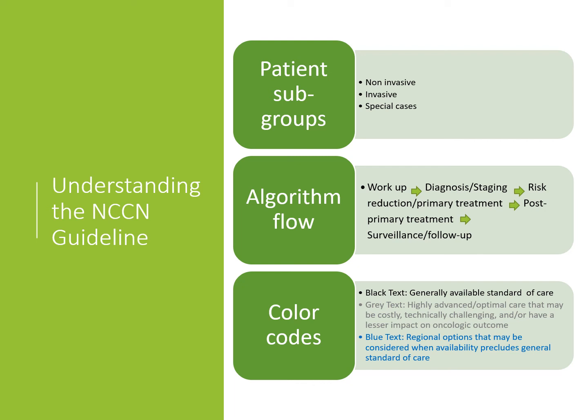The gray text informs us that the intervention is either of optimal care or is highly advanced, and it may be costly or technically challenging or have a lesser impact on oncology outcome. While the blue text denotes that there are regional options that may be considered when availability precludes general standard of care.